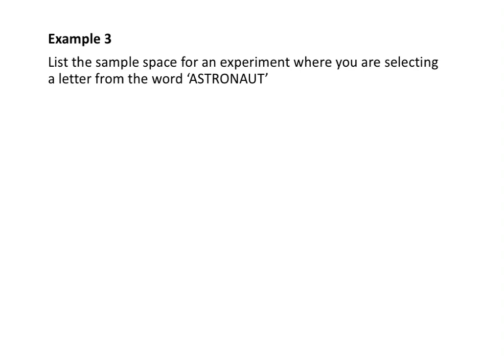In the last example, I want to list a sample space for an experiment where you're selecting letters from the word astronaut. So my sample space is going to be the different letters in the word. So it's going to be A, S, T, R, O, N. Now for my second A, I've already included it before, so I only include it once in my sample space.